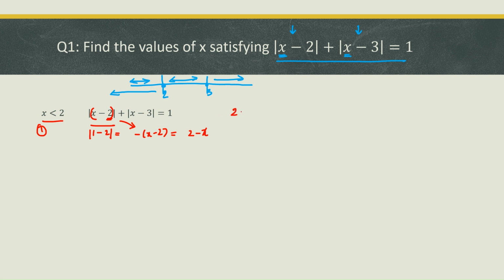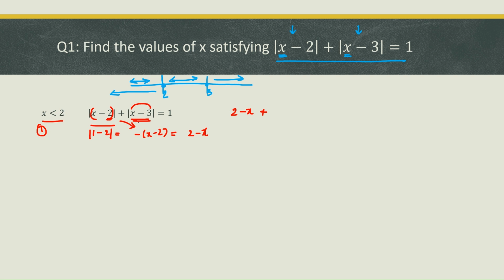So this would be first 2 minus x plus, now I am analyzing this mod. So x is less than 2. Again, I am subtracting a number 3 from a number which is less than 2. So again, this would result in a negative number.